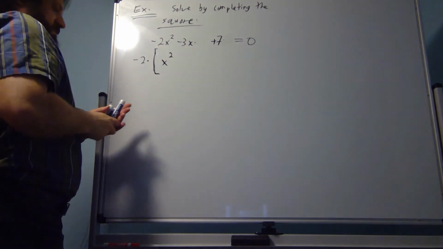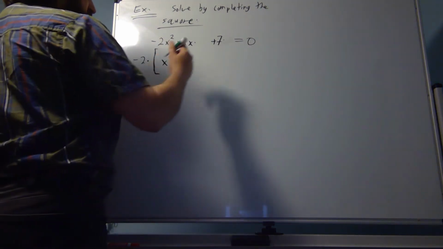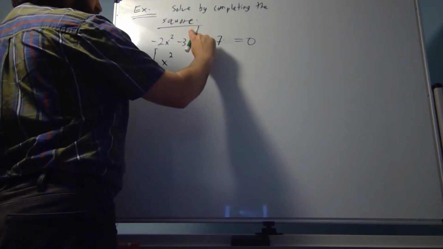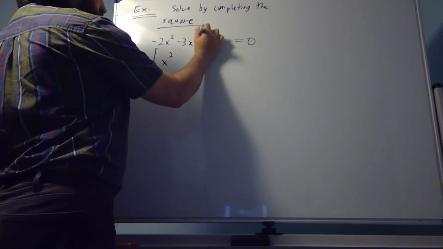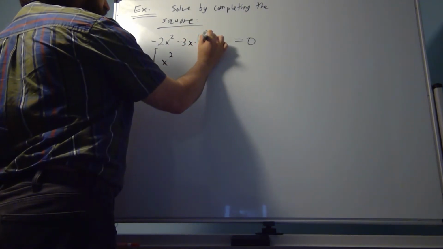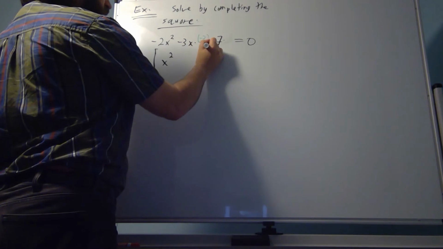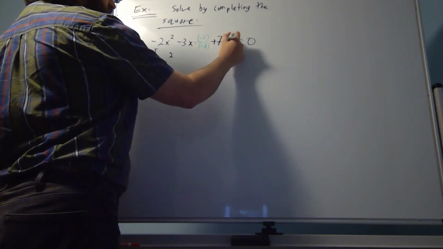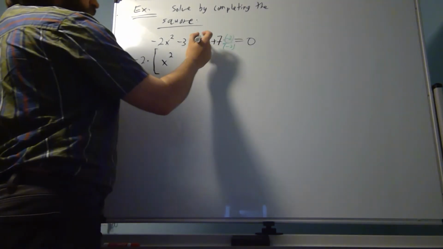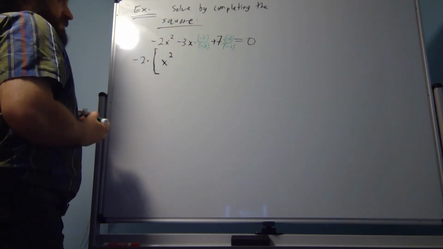So the usual trick: these are not divisible by -2, so we can make it divisible by -2. It's going to be a fraction, but if we multiply and divide by -2, we can factor out the common factor.